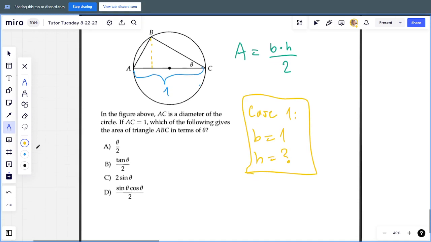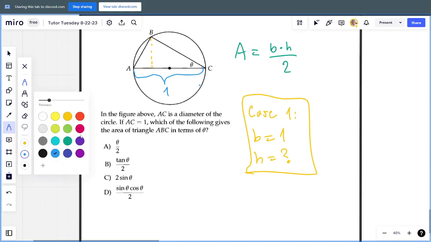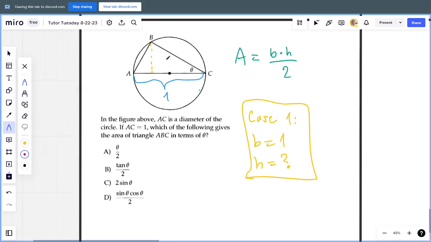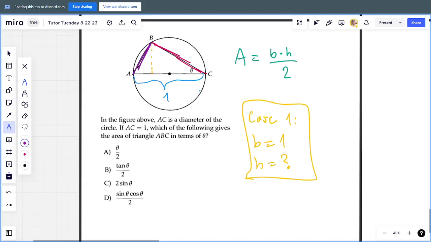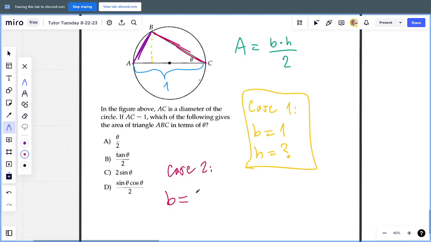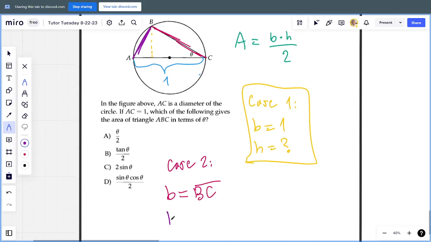I'm not sure. So let me do case 2, which I see another way to approach this problem. In case 2, you could set the base as the side length BC, and you could set your height as the side AB.